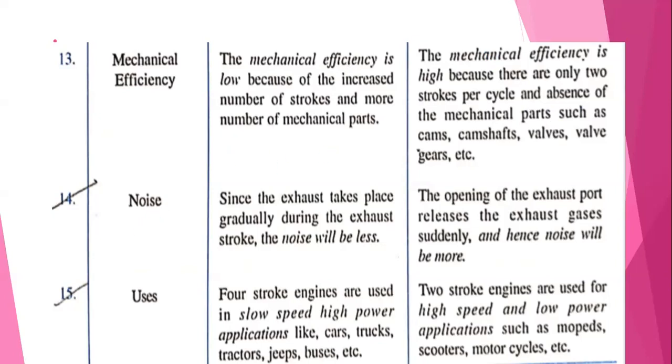Next, come to the point, the noise. All of you know the noise of the engine. That is nothing but noise pollution. As per the government regulations, no company can manufacture two-stroke engines in India, because the pollution made by the two-stroke engine is more than the four-stroke engine.